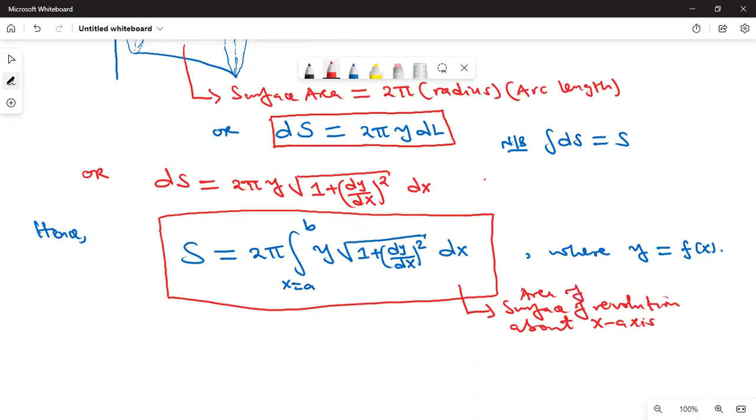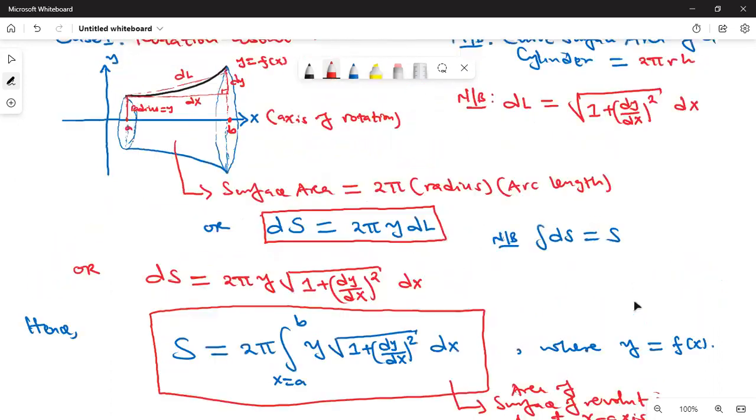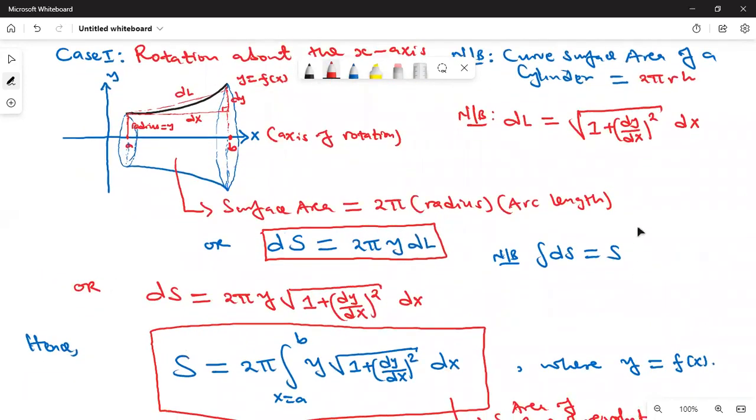So that's the formula. What if we have revolution about the y-axis? What happens? I'm again going to sketch it. So we write case 2.